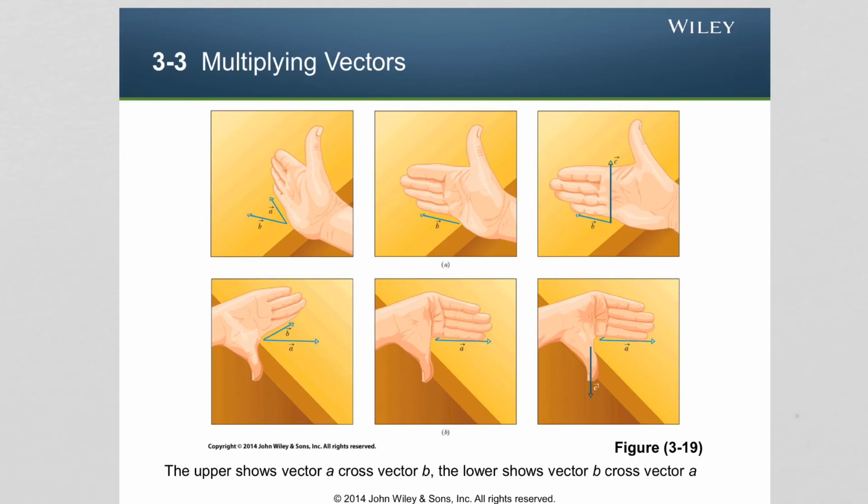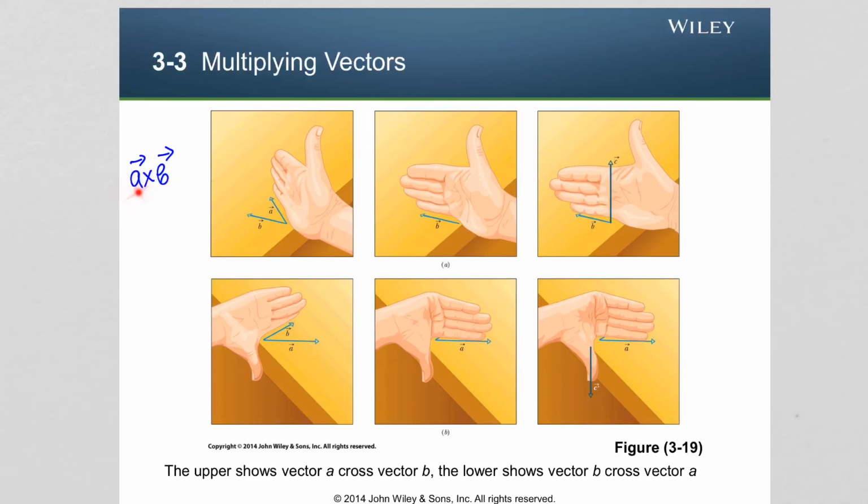Here is an illustration of the right-hand rule for cross product of two vectors. So the example here is for the cross product A cross B. Now, since this result is a vector quantity, it's very important to keep track of the order in which the two vectors are presented.